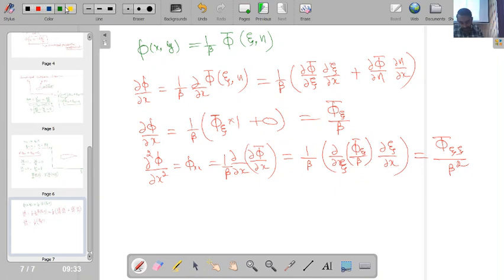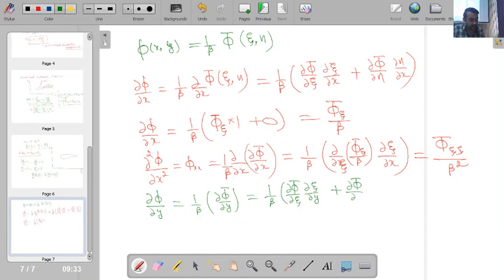Similarly, I can calculate the value of del phi by del y. Del phi by del y will be 1 by beta times del phi bar by del y, which equals 1 by beta times del phi bar by del zeta into del zeta by del y, plus del phi bar by del eta into del eta by del y.